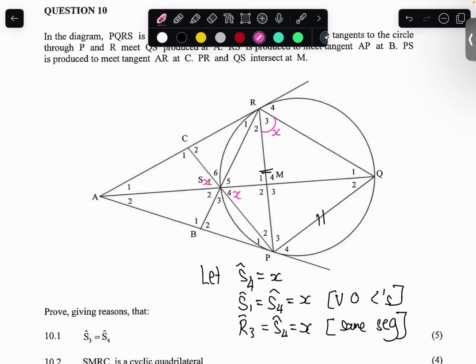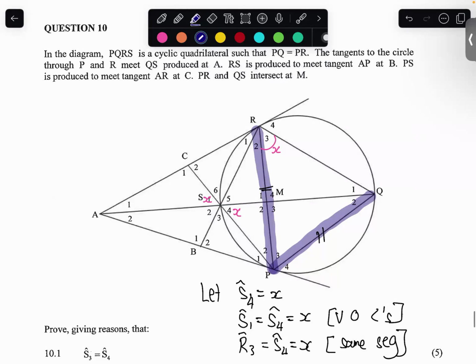This side and this side are equal. They told us that in the information: PQ and PR are equal. In this triangle, if this side is equal, then that angle and that angle are equal because of angles opposite equal sides.